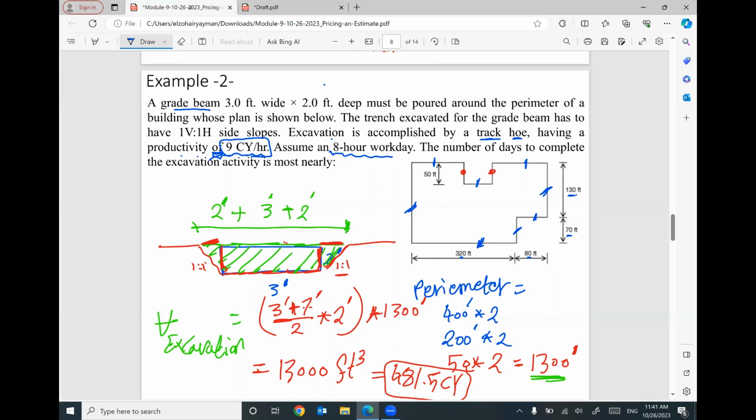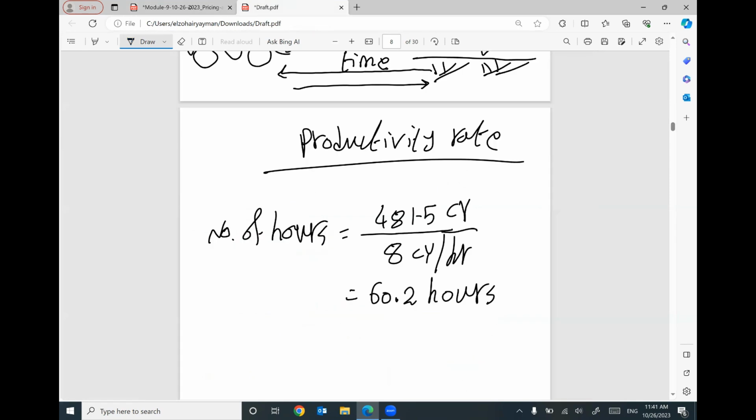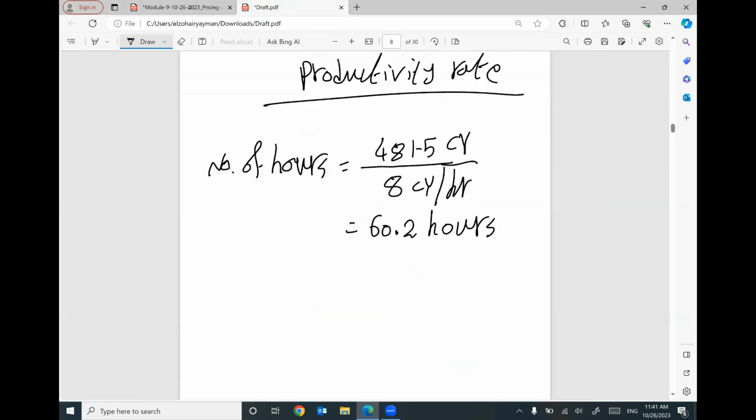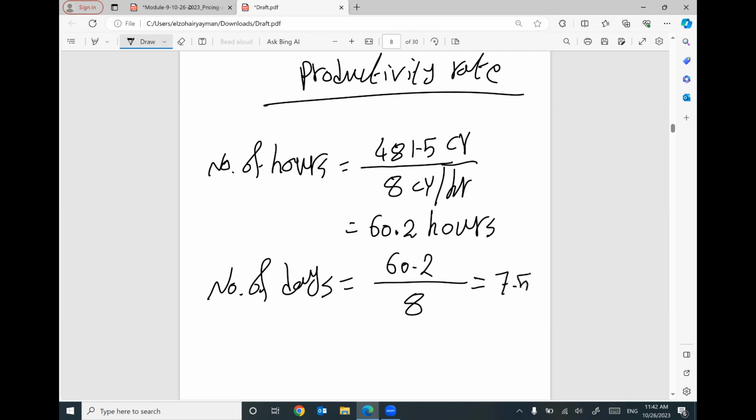I need to figure out the total days needed to accomplish this excavation. That makes sense? So I need 60.2 hours. So the number of days, since we are working only 8 hours per day, 60.2 divided by 8 hours per day, I can tell you I need 7.5 days.